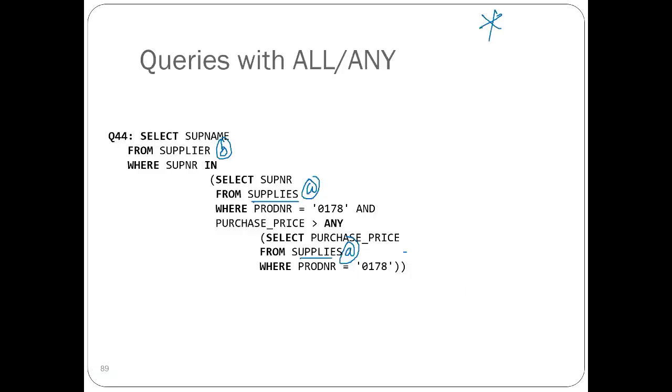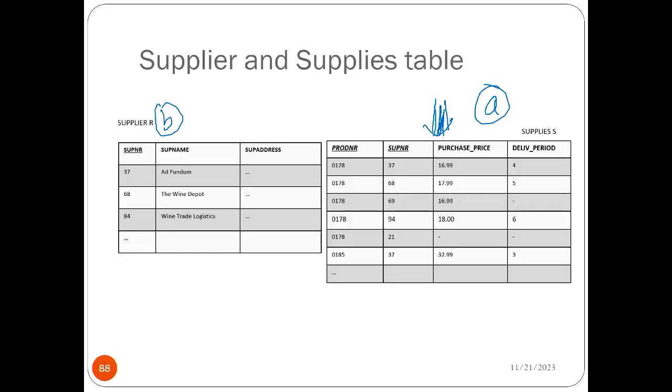In my query, let me take you back to this query. In these two queries, let's focus on the innermost query. We want the purchase price from supplies for the product 0178. So let's go here. These are the purchase prices that we have for only this product number 0178. Good.